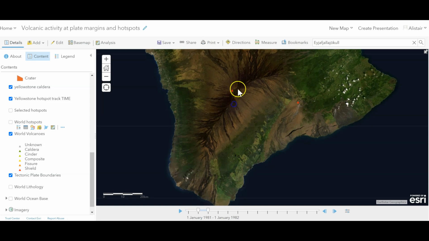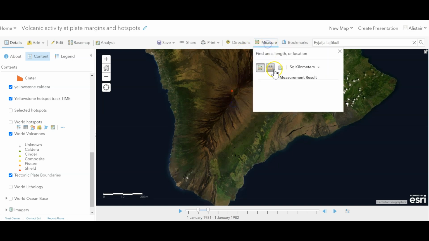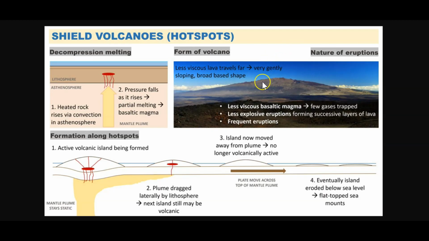But look at the diameter of it. If we get our measure tool this time, now if you remember, Mount St. Helens was about 20 kilometers, but you can actually measure this one all the way down here. It's much, much wider, much, much broader. So that gives you our shape here that we've seen, that it is much, much wider and much more gently sloping.